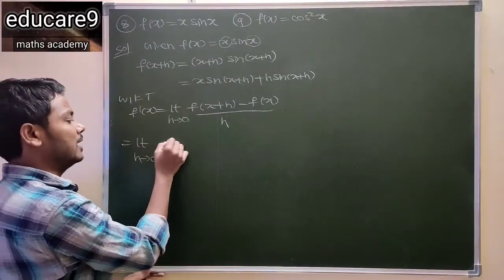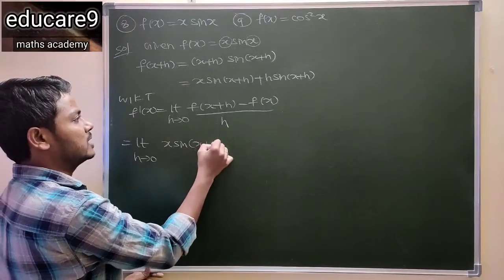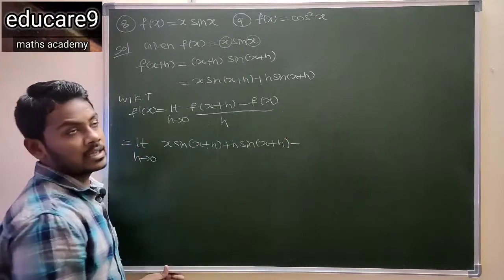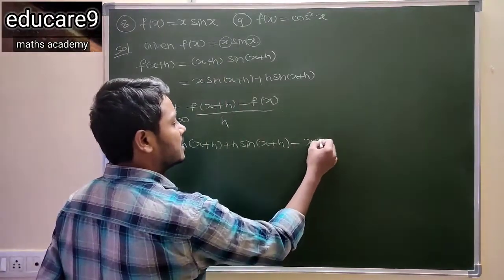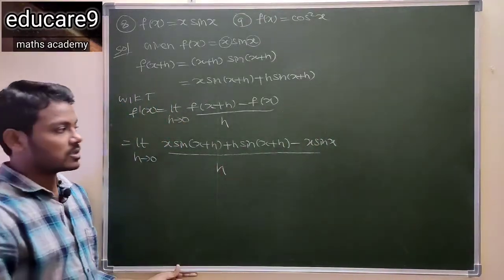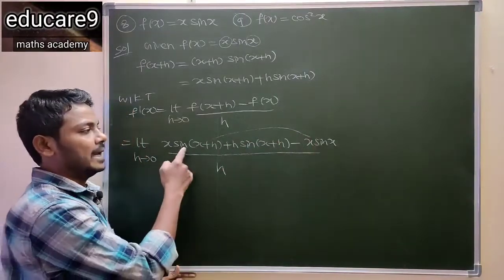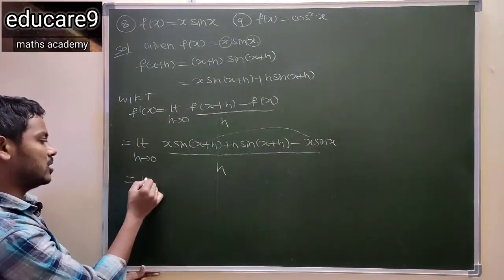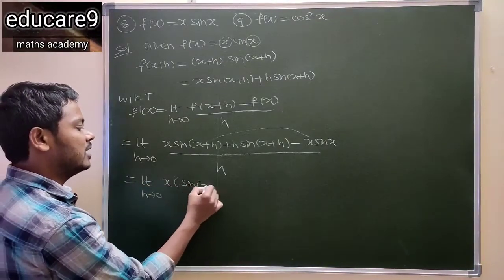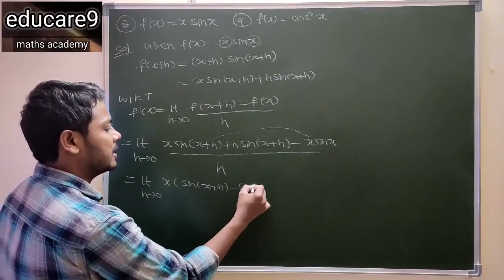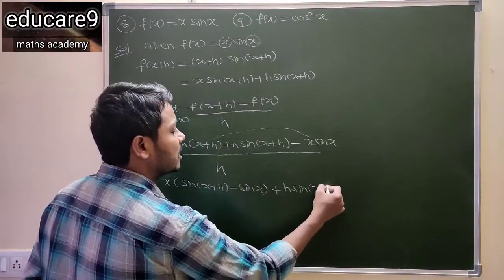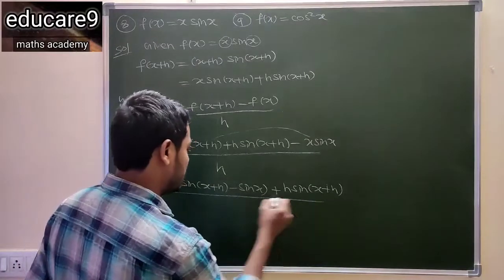This one: x sin of x plus h plus h sin of x plus h, minus f of x, that is x sin x, so divided by h. Clearly from the first and last terms, x is common. So this is equal to limit h tends to 0, x is common, you will get sin of x plus h minus sin x. Next, plus h into sin of x plus h divided by h.